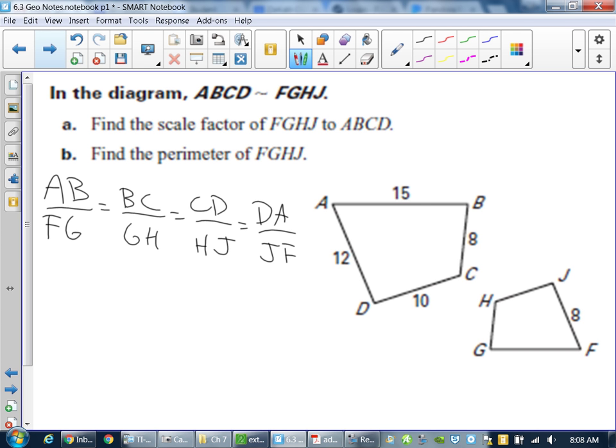What do you think you do next? That's all it is. Fill in the blanks. So we go through our list. We have 15. FG, I don't know. So if you look at the other figure, can I label the missing side lengths as X, Y, and Z because there's 3 of them?